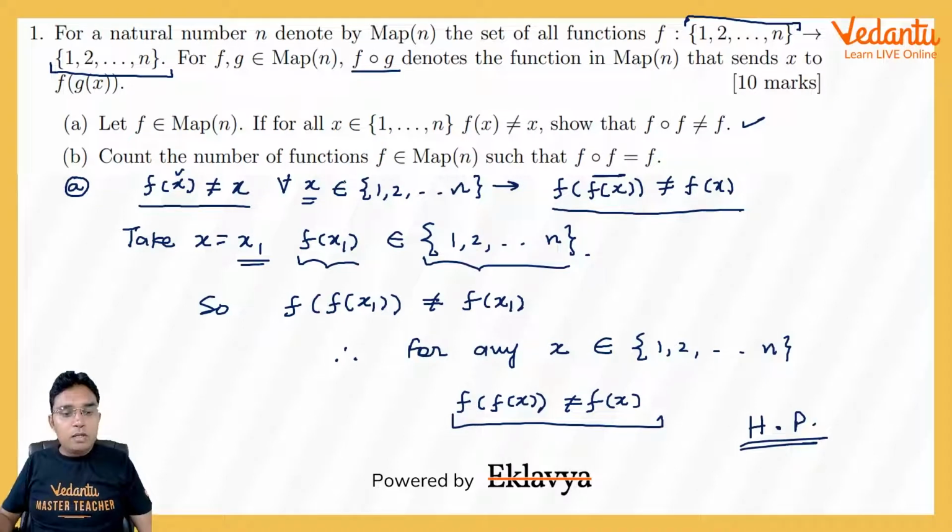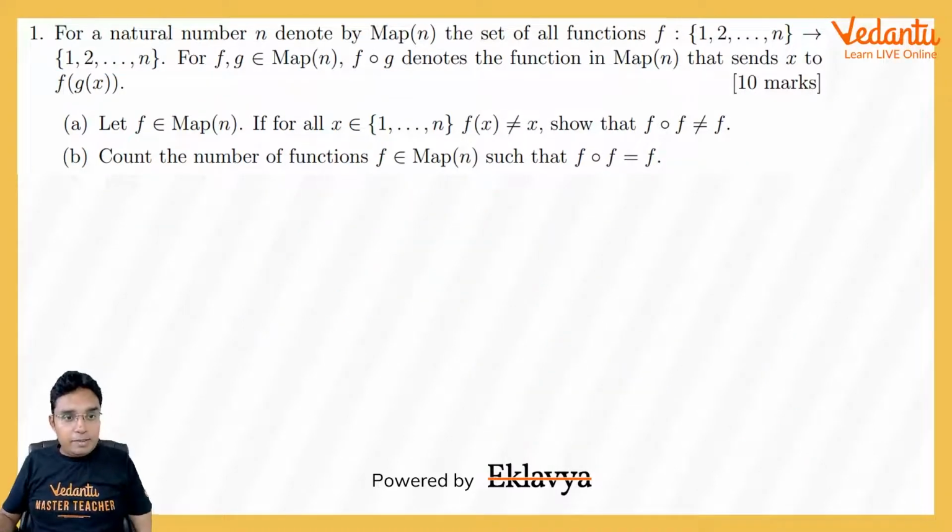Now coming to the B part. B part says: count the number of functions f belongs to map n such that f of f of x is equal to f of x. Now to solve this, let us first understand that we want f of f of x to be equal to f of x.